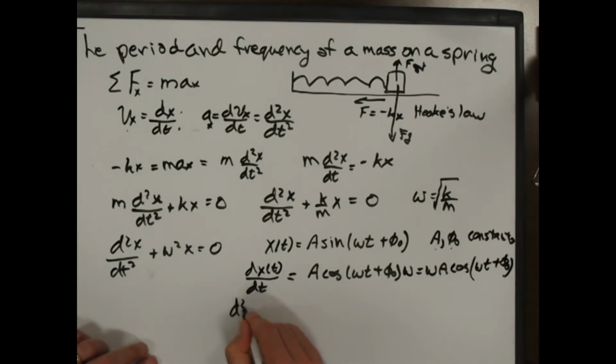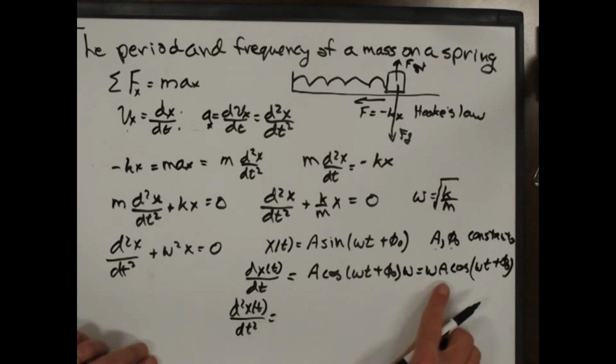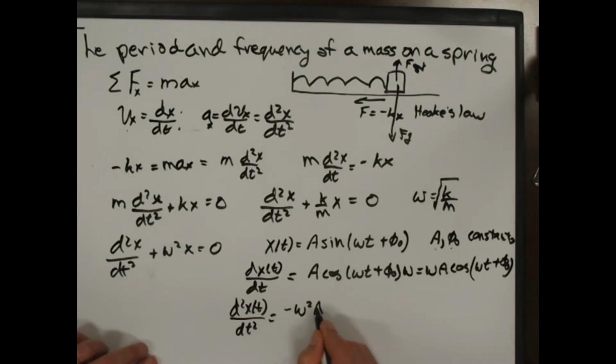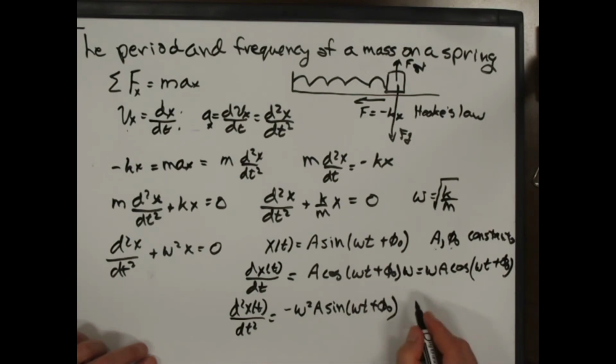And then the second derivative, you can leave the parentheses, t parentheses, or leave it off. So to take the second derivative of this function, the derivative of cosine is negative sine. I'm going to get another omega for the term inside, and it's going to be minus omega squared A sine of omega t plus phi naught. That's what the second derivative is.